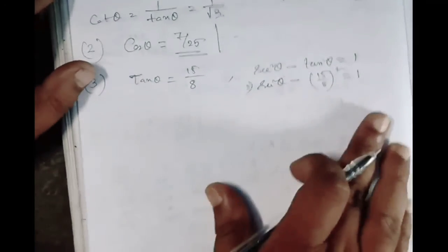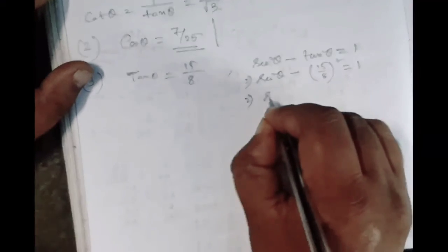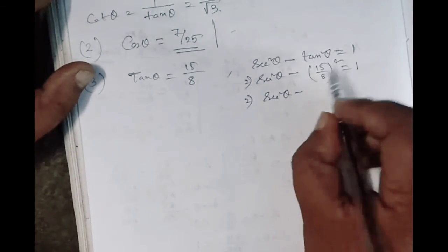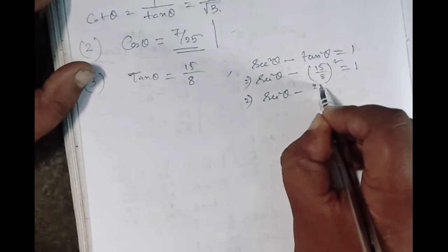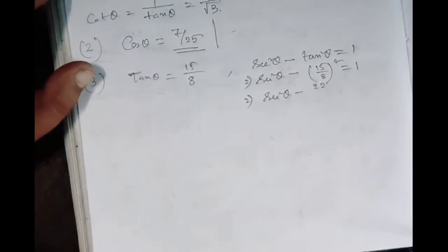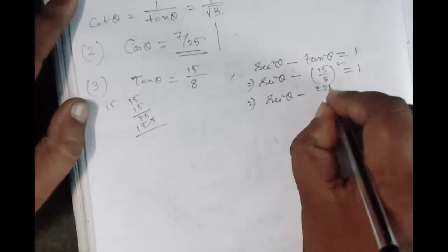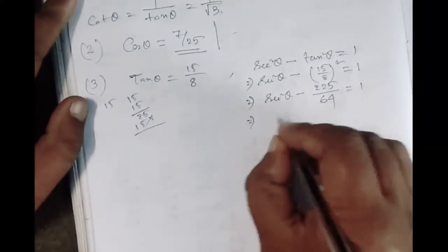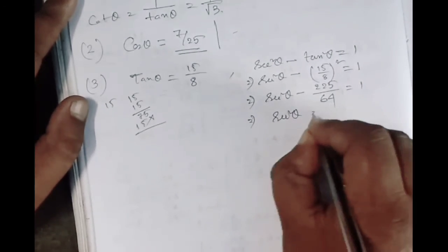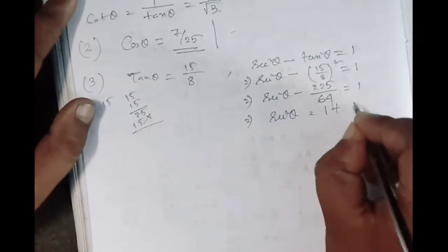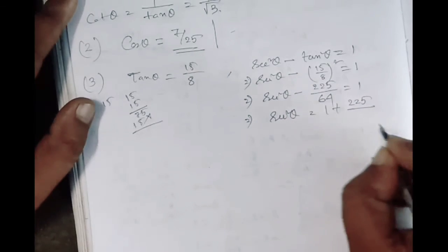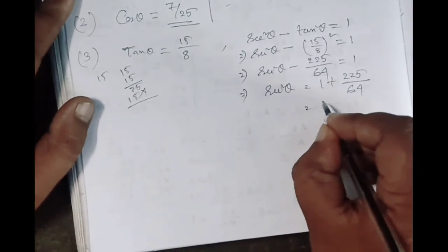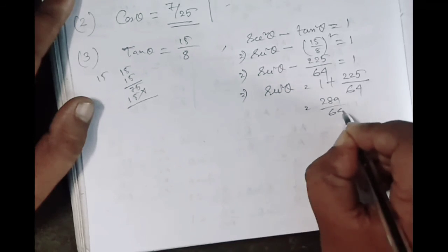That means sec square theta minus 225 by 64 equals 1. Sec square theta equals 1 plus 225 by 64, that is 289 by 64.